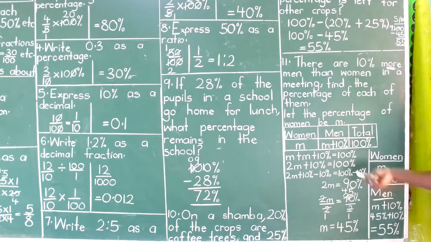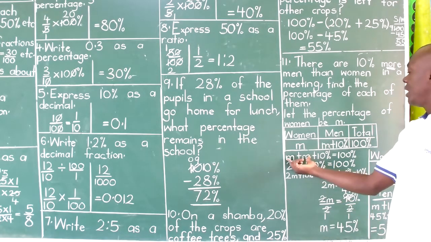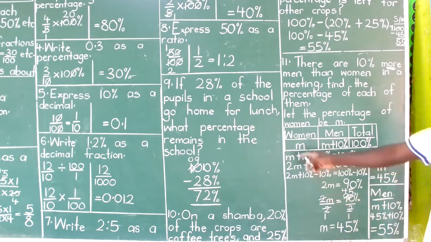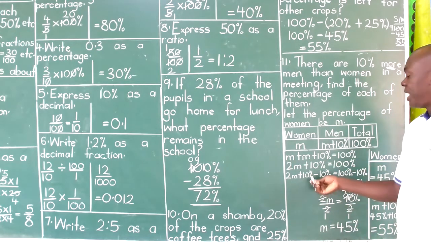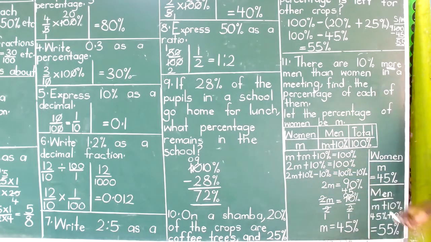Simplify the two M's, which are like terms: 2M plus 10% equals 100%. Then you start solving that equation: 2M plus 10% minus 10% equals 100% minus 10%. 100 minus 10 leads to 90%, so 2M equals 90%.